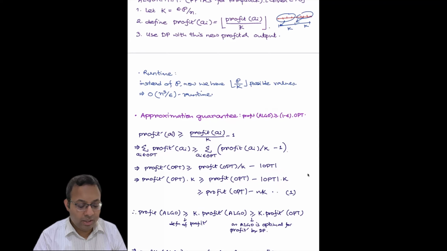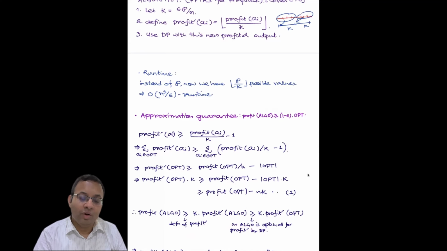The second part is, if we look at the profit of algo, we claim it is more than k times profit prime of algo. The reason being that here it is rounded down, so this value is surely more than k times profit prime of item i. And now we use the property that algo, the solution by our algorithm, is actually optimal for the function profit prime, because the DP we wrote is optimal for this profit prime.